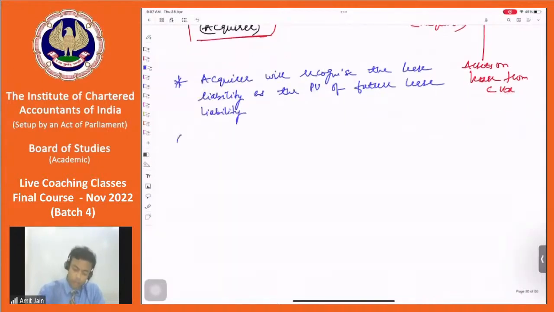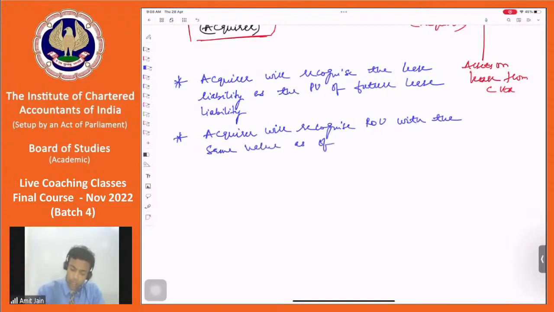Correct? The acquirer will recognize ROU with the same value as the lease liability.